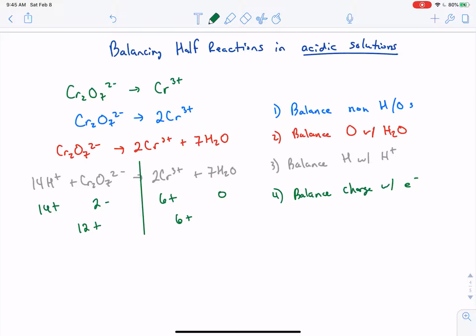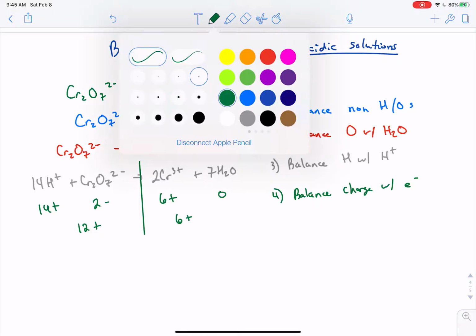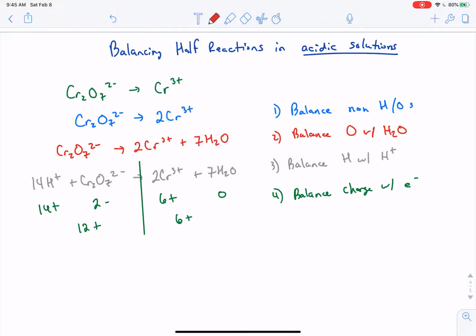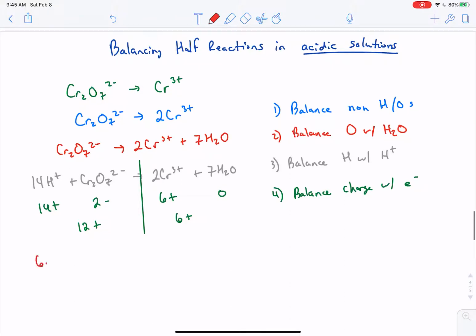So, we have 12 plus and 6 plus. Okay? So, how many electrons do we need to add? 6. On which side? Left. Because we need to reduce this charge down so that it's equal.